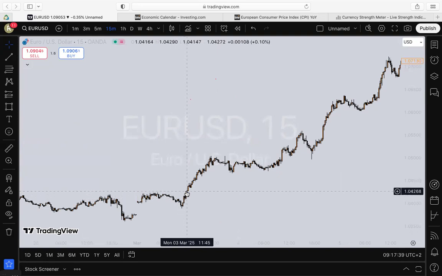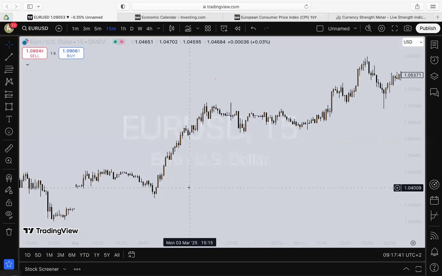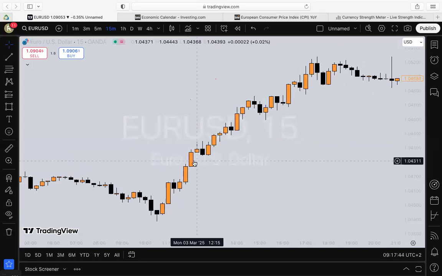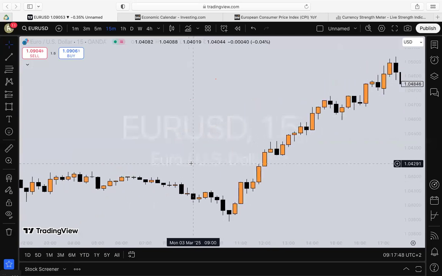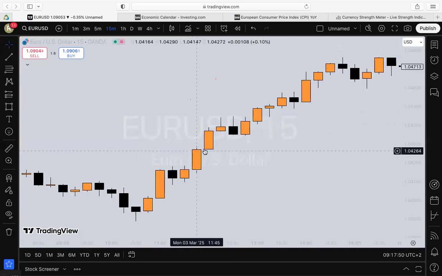Oh, there's no movement there. This movement is very slow. I mean, it's very small. You see what I'm talking about, guys?